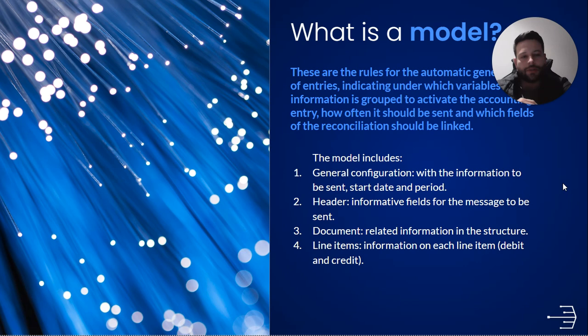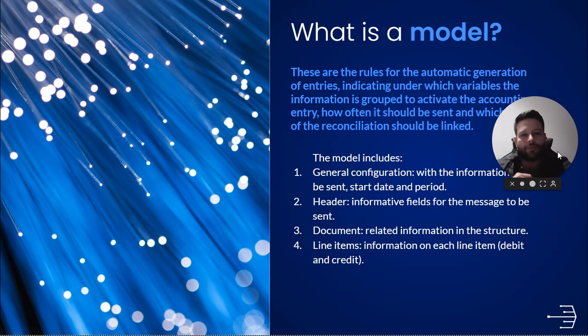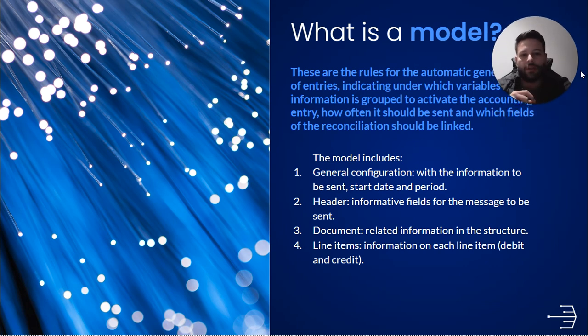Also, we have another question. What is a module? These are the rules for the automatic generation of the entries, indicating which are the variables of information that are going to be grouped to activate the accounting entry, and how often it should be sent, and which fields of the reconciliation should be linked.